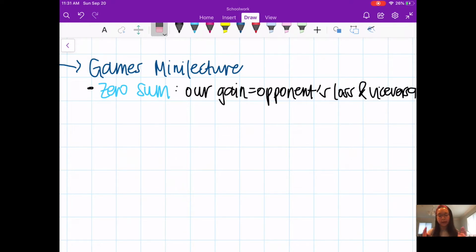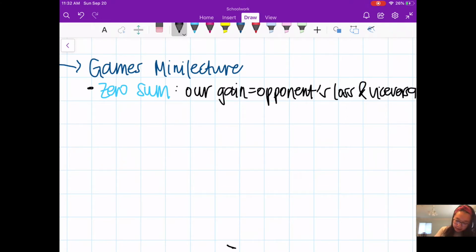So it's a really distinct and split view: whatever we are gaining, the opponent is losing, and there's no middle ground. With a zero sum game, you'll usually see the values represented as just one number, because if it's our gain, then it's their loss, so you only need one value to represent that.